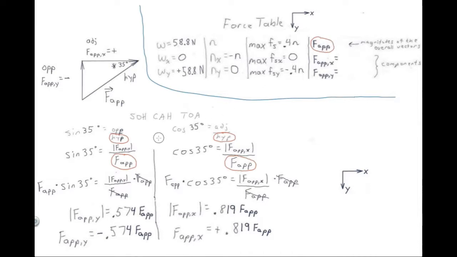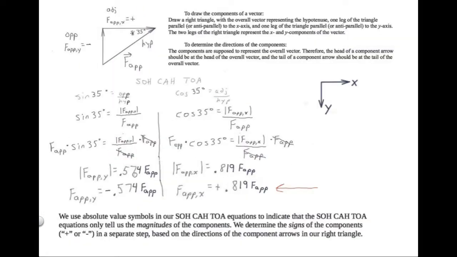So, in our SOHCAHTOA equations, we represent the length of the hypotenuse with the symbol F sub applied. Then we use algebra to solve for the magnitudes of the components. The absolute value symbols remind us that it's our job to add the plus or minus signs in a separate step. We already determined that the x component is positive, and that the y component is negative, because the y component is pointing up, which we've chosen as our negative y direction.